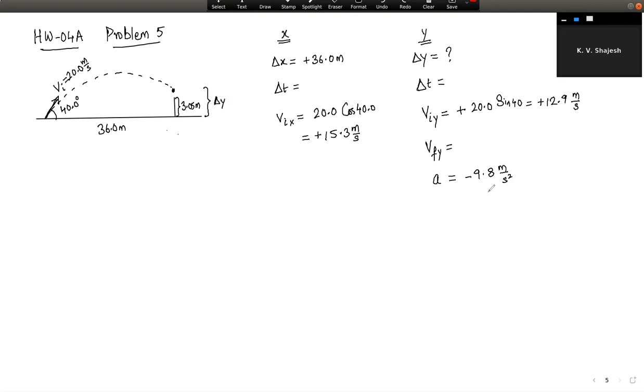So the strategy is going to be, again, we need three quantities to calculate delta y. So calculate delta t from the x direction, then use that same delta t because that's common in the x and y direction. And once we have three quantities, we can calculate delta y, how far it is.